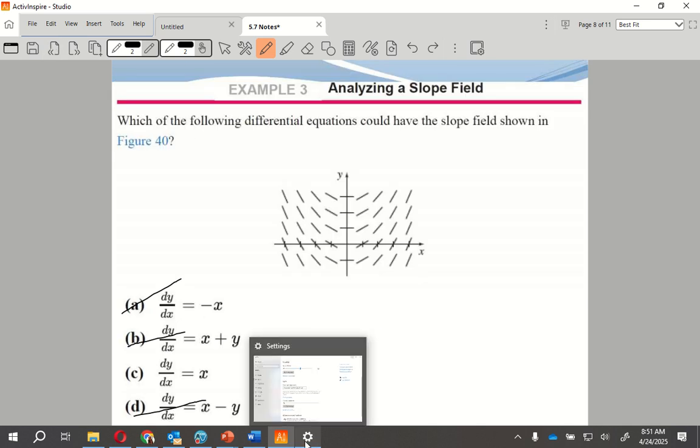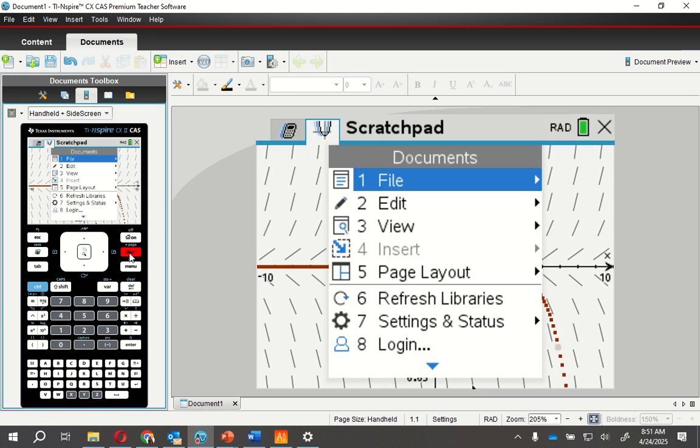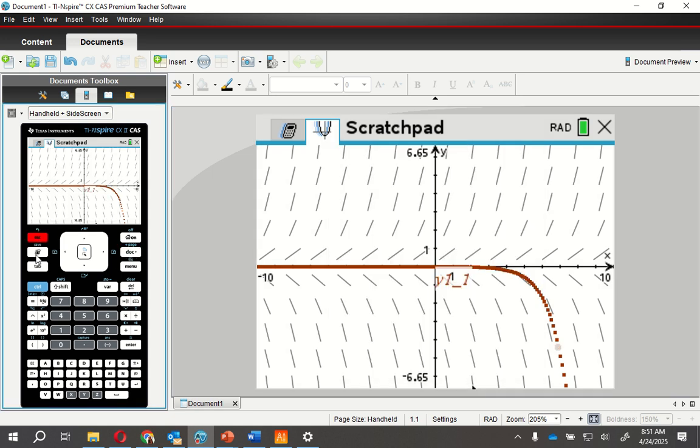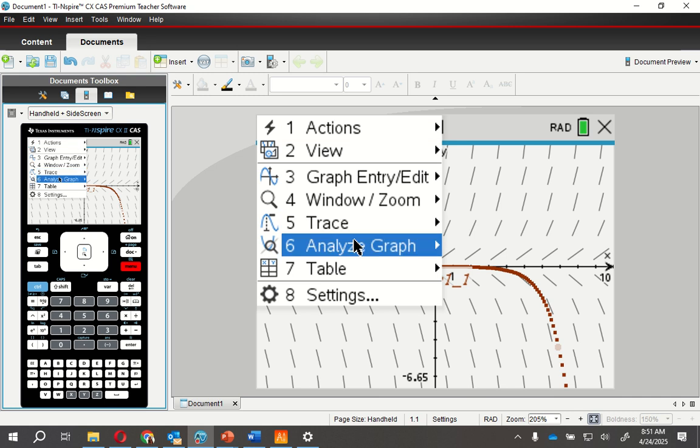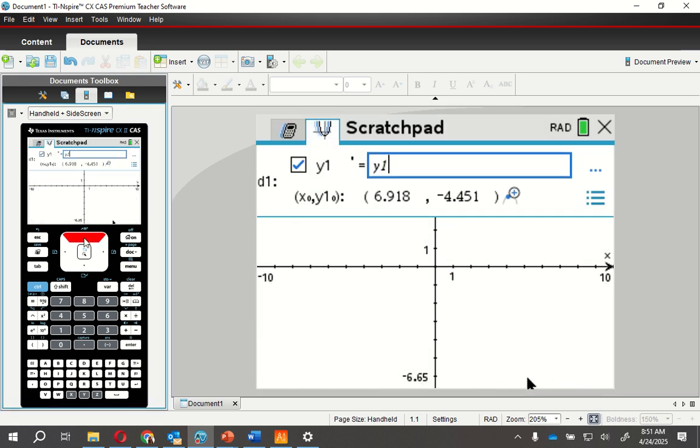So I'll give you an example of what I just said. So let me go doc. Nope. Menu. Differential.